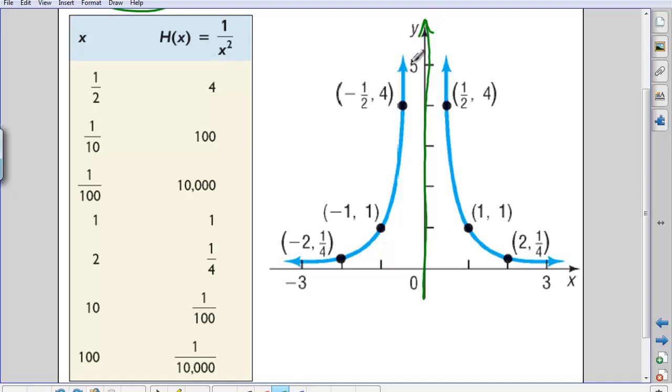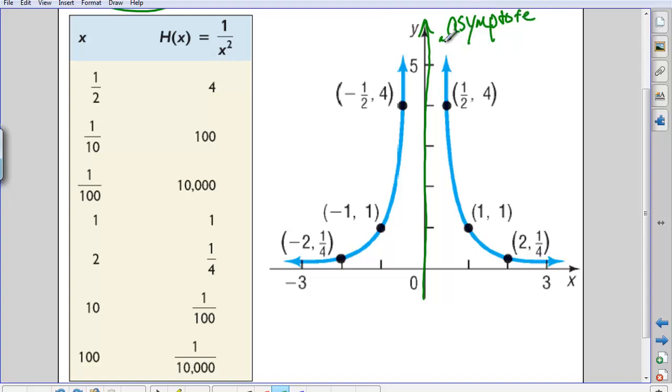This gap just gets smaller and smaller, but it never actually closes. Same thing for this right-hand piece. It gets closer and closer to the y-axis, but it never actually touches or crosses it. There's a small, tiny little gap between those two pieces. And just to show you where we're going with that, the name for that is called an asymptote.